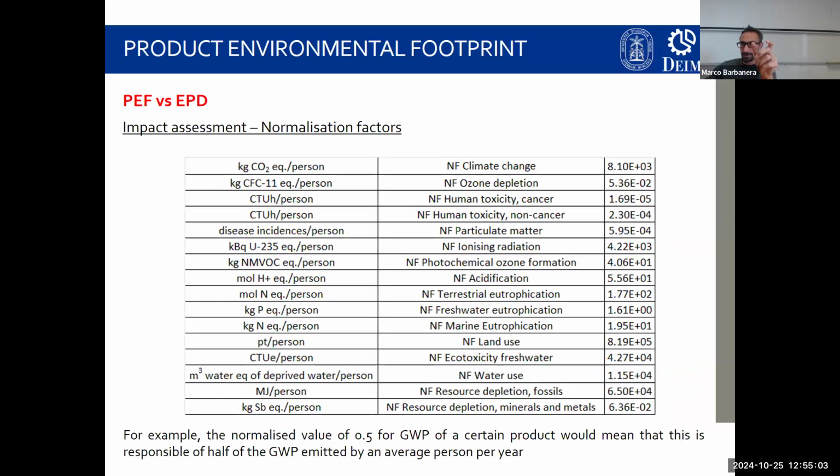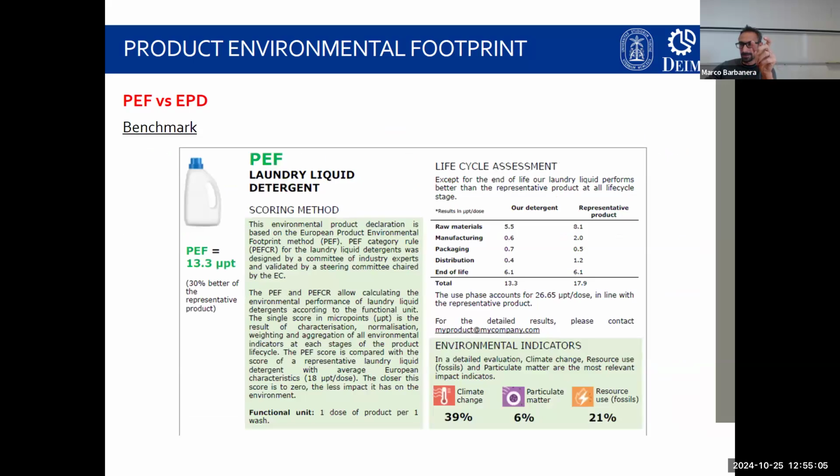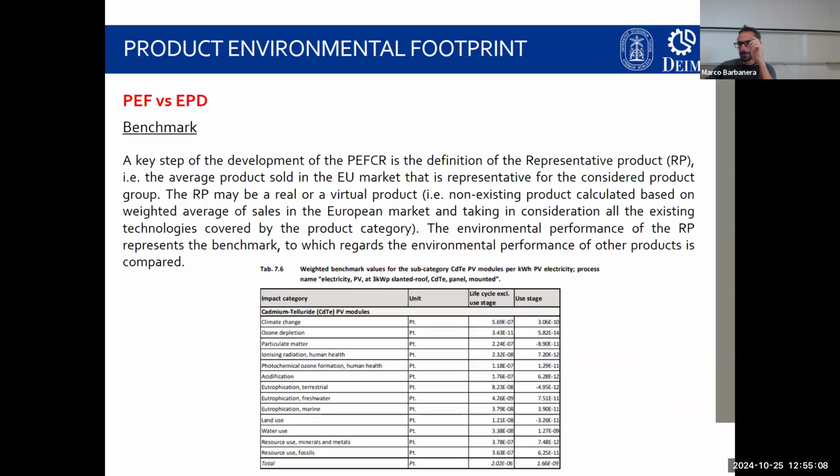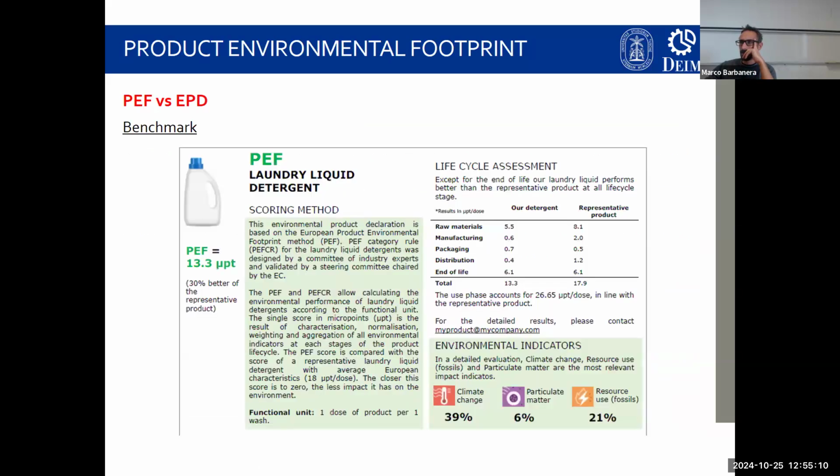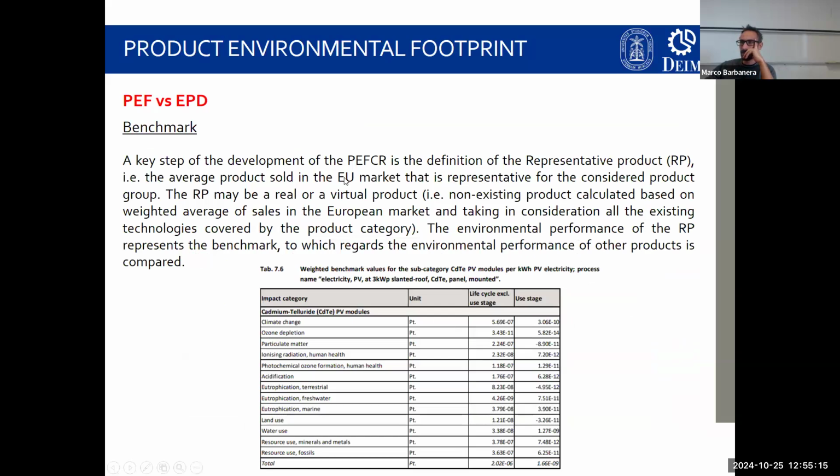For example, the idea is that in the PEFCR, the product environmental footprint category rules, we can also find the average environmental performance, the environmental performance of an average product for each product category.